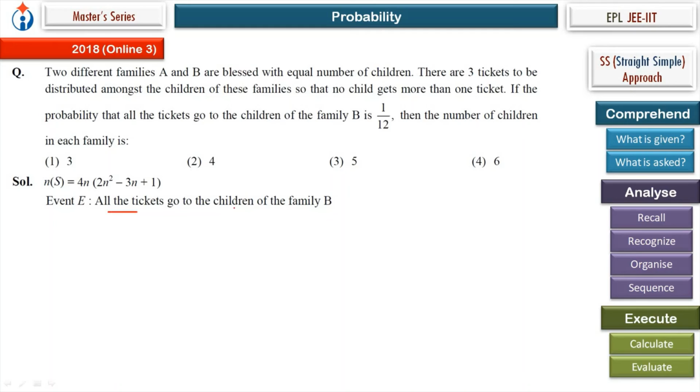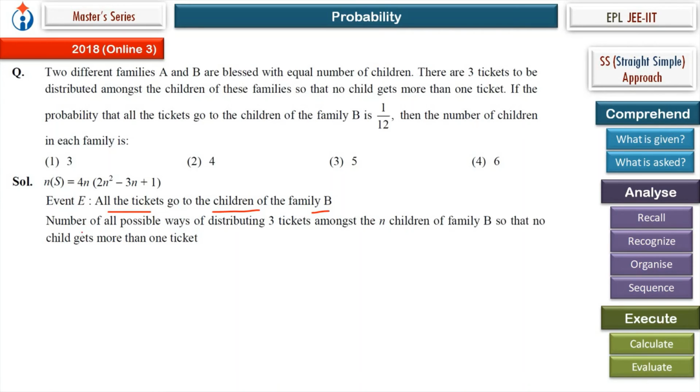Now all the tickets go to the children of family B. The probability of this event is given to us. So the number of all possible ways of distributing 3 tickets among the n children of family B so that no child gets more than 1 ticket. Again, just use the same process. The only thing is now, instead of 2n children, we have n children.